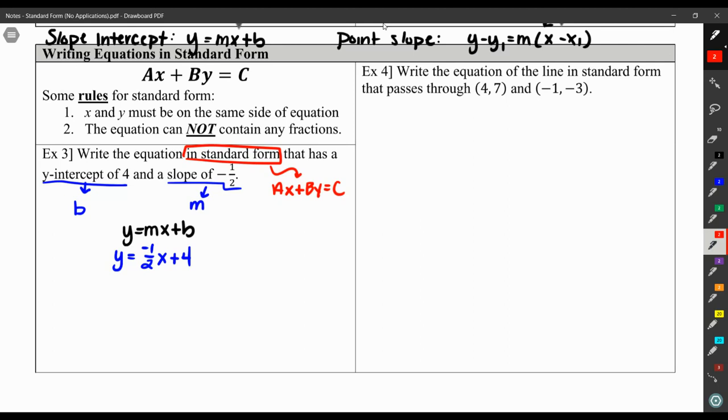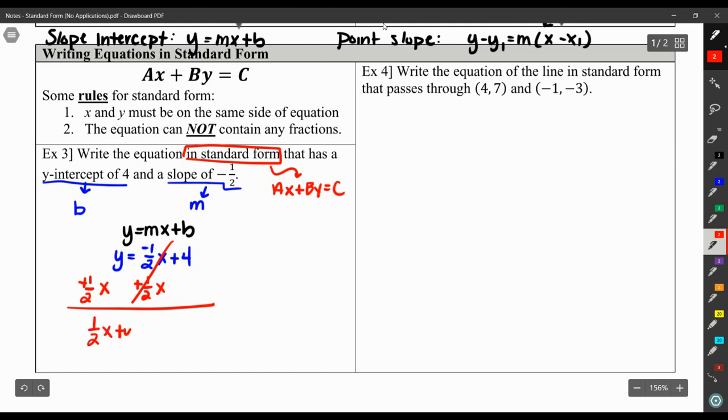So I need to move this -1/2 x. We're going to add 1/2 x to both sides, just like we would a regular number. If I needed to get rid of a -1/2, we would add it. So this is going to be a 0. On the left, we have 1/2 x plus y equals 4.